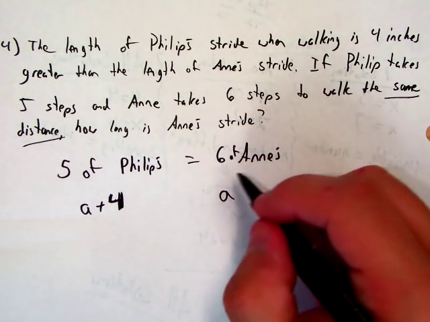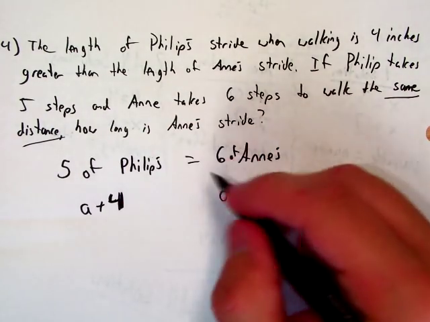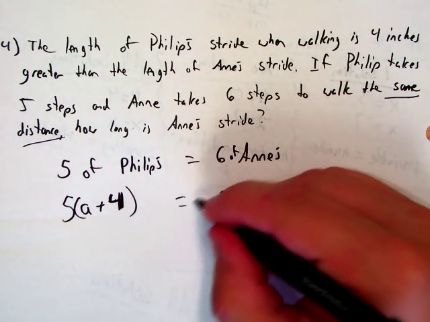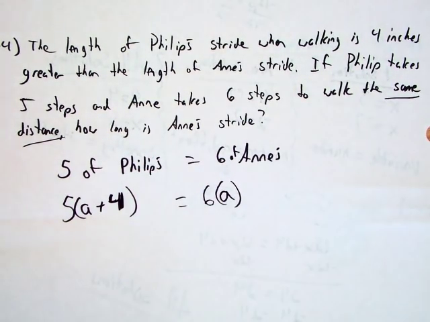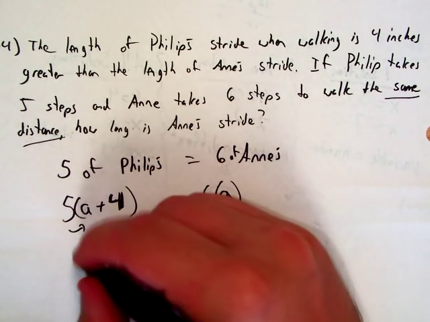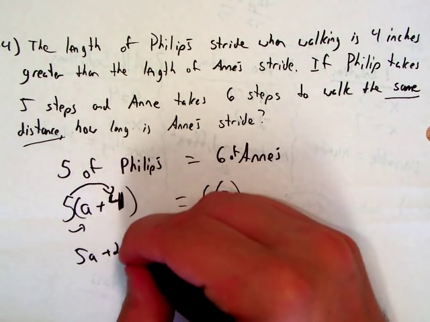Now to figure out how long Anne's stride is, I have to start looking at, they've gone the same distance. So 5 of Philip's is equal to 6 of Anne's. So to undo the distributive property here, 5 times A is 5A, and 5 times 4 is 20.